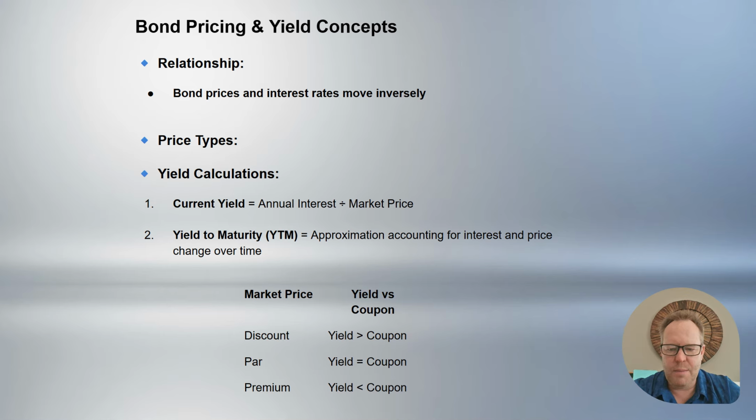So if we think about a bond, if a bond is trading at a discount, that means the yield will be greater than the listed coupon. If your bond is trading at par, meaning it's the exact same as the day it was issued, $100 or $1,000 with a 5% coupon, yield and coupon will be the same.